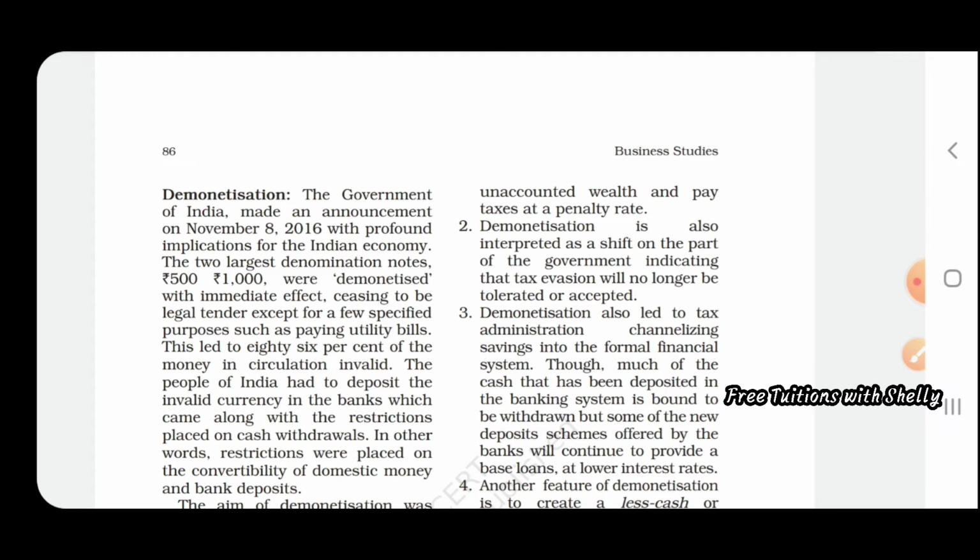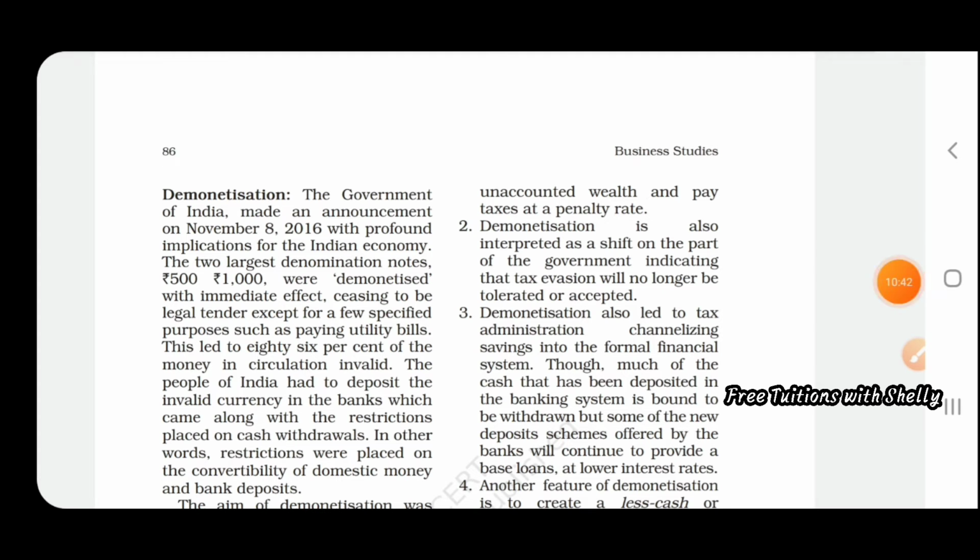The government put a ban on, and stopped the production and distribution of, rupees 500 and 1000 notes in the economy. This led to 86% of the money in circulation becoming invalid, because at a point of time the government announced that these notes would have no value. So 86% of the money held in our economy was just valueless.